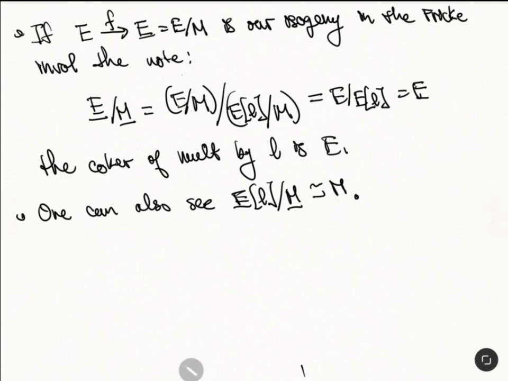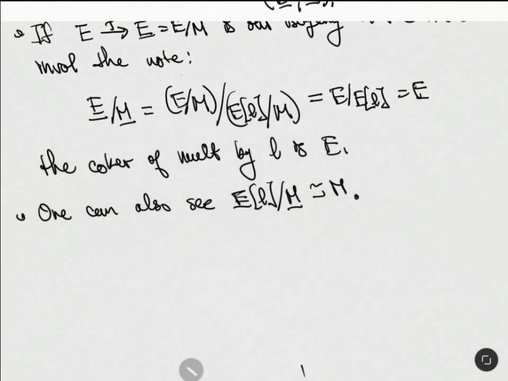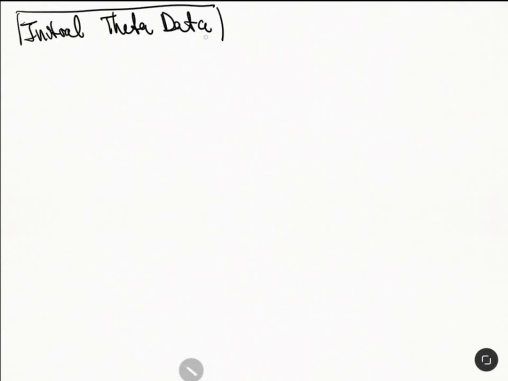Okay, so I just wanted to refresh on this little quotient construction before I get into the definition of initial theta data, which I'm going to do now. Okay, so let's do initial theta data. Let's fix the following. Let F be a number field.